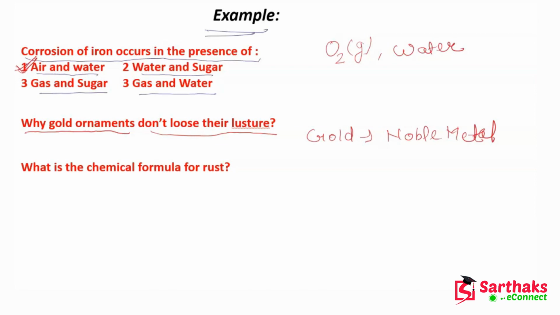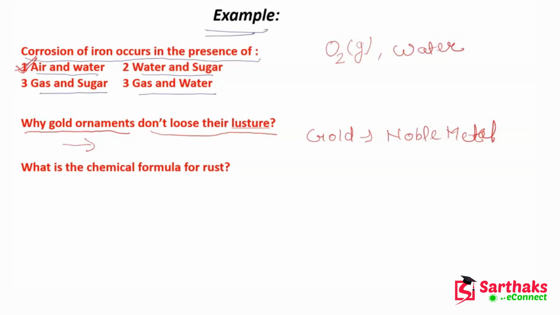Okay, so basically guys, this is a noble metal. This doesn't react with other elements. So that's why, because of this property, it will not lose its luster. So gold ornaments will not lose their luster because gold is a noble metal.